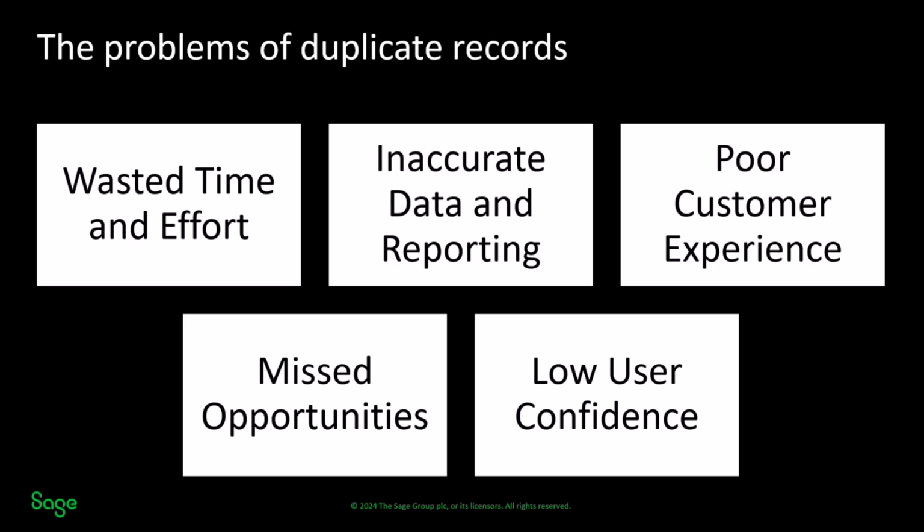The whole idea of having a particular company entered multiple times or a contact entered multiple times into the system is going to really lead to wasted time and effort as sales representatives struggle to find the correct record, update multiple entries, and perhaps even inadvertently contact the same customer multiple times, even by different people within the same team, giving the customer a bad experience and slowing down operations, and also making it challenging for you to be able to produce the reports that demonstrate correct, up-to-date information, and erroneous reporting will always lead to flawed decision-making.